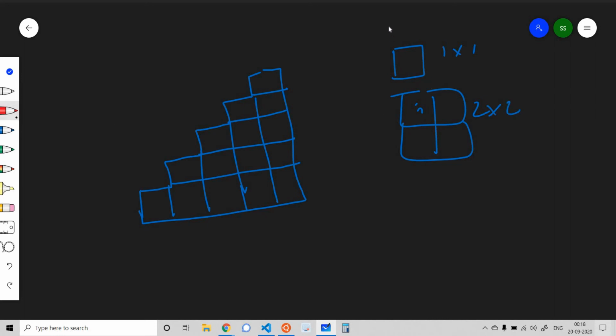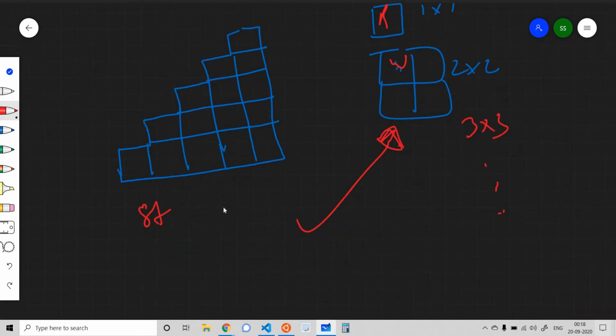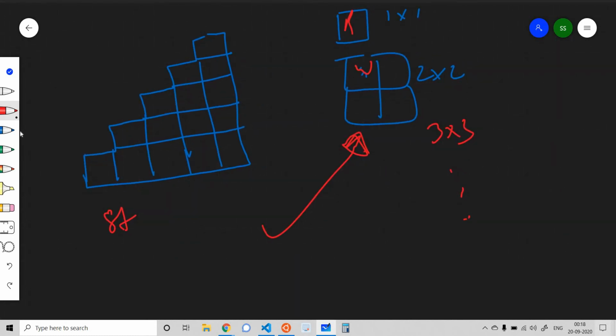We will give different colorings to each of these squares, suppose red, white, and 3 by 3 will use some other color, and so on. We'll try to form this staircase using these squares, and after building it, we should make sure that we are not having any same colored squares at adjacent places. That is, they must not share an adjacent cell.